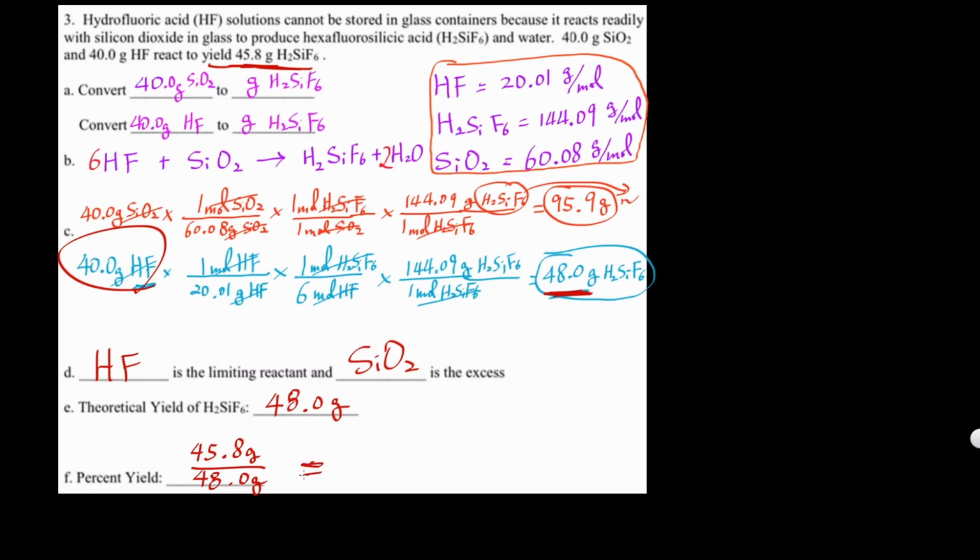It's like if you got 45.8 points on a quiz and the total possible is 48, what's the percentage? So you take 45.8, the experimental yield stated in the problem, divided by what you're supposed to get, 48.0. That's 95.4%. So that's the percent yield. Let's do the next problem now.